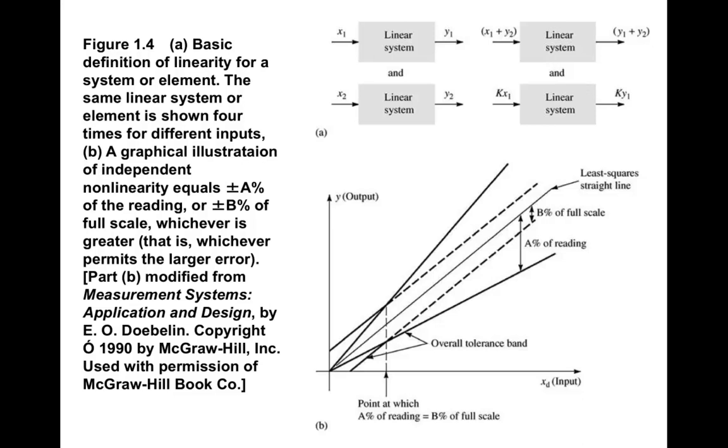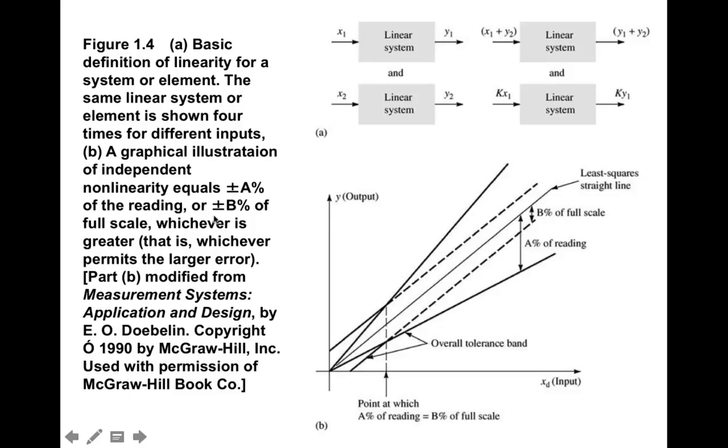So here is our illustration of what we refer to as independent nonlinearity. So you have this least squared straight line, and then you have what you would refer to as a tolerance band, meaning that there's some variation around the point where you are willing to accept an error. You can define that in a couple of ways. You can define it as a percentage of the reading, or you can define it as a percentage of full scale.